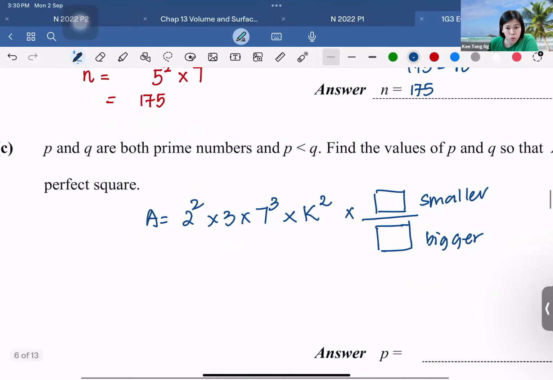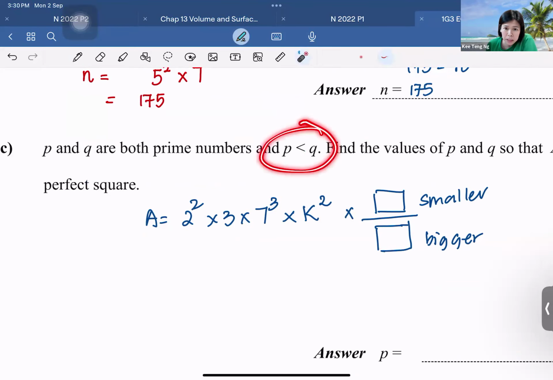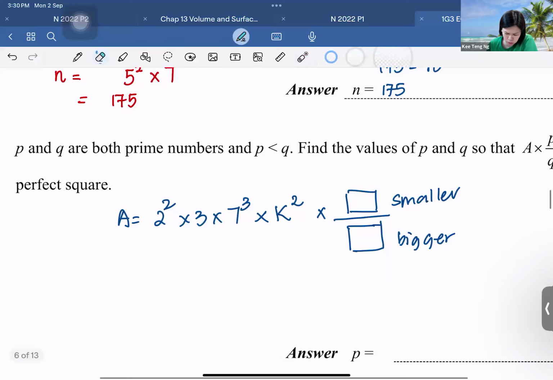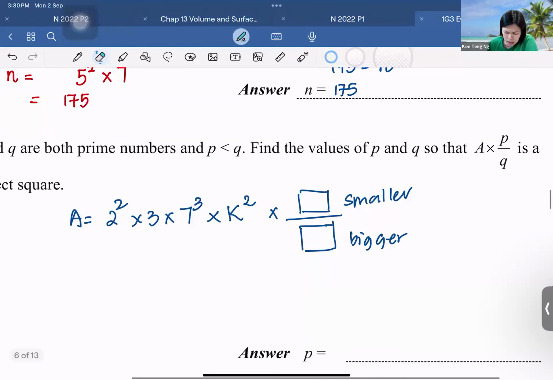Okay, next question. P and Q are both prime numbers, but take note of the following here. P is smaller than Q. Find the values of P and Q such that A times P over Q is a perfect square. So P is smaller, Q is the bigger one.